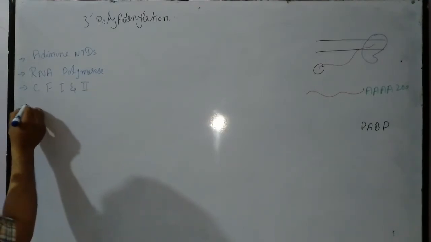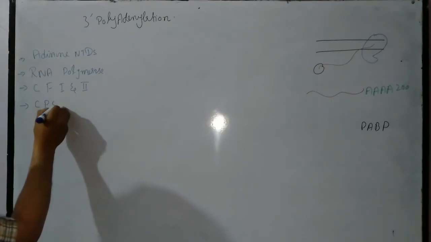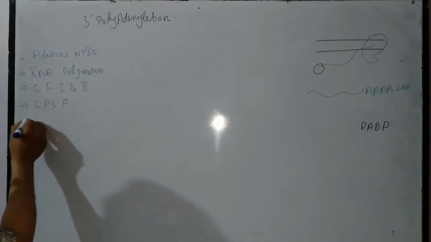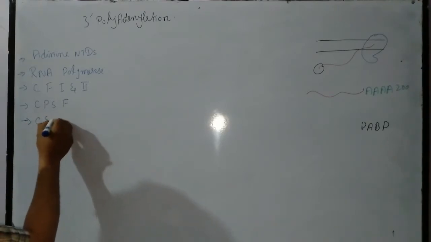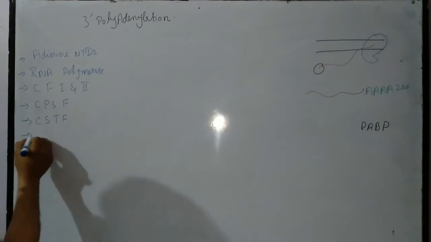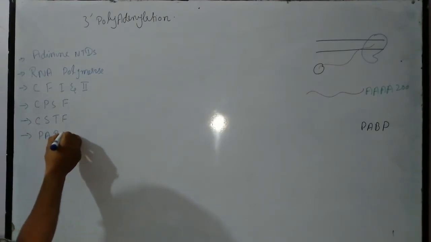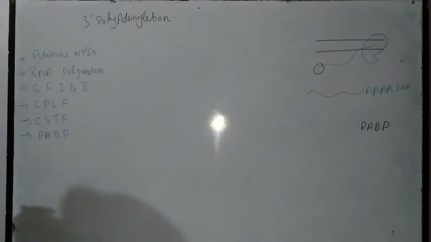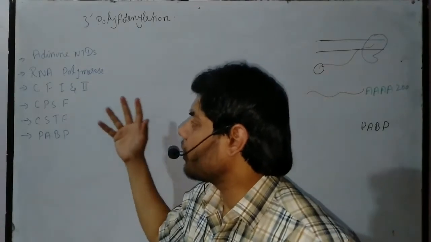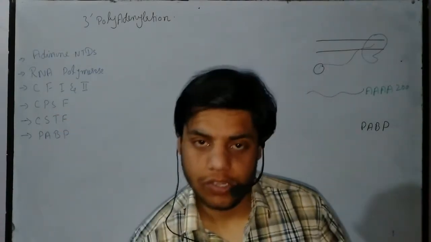Fourth, we need cleavage and polyadenylation specific factor. Fifth, we need cleavage stimulatory factor, and next we need polyadenylate binding protein. So these are the main important things that we need for 3' polyadenylation.